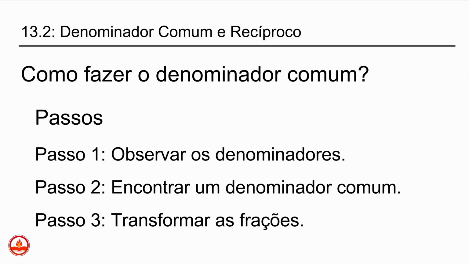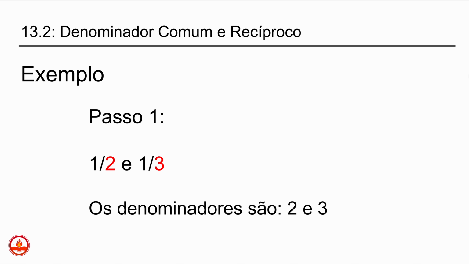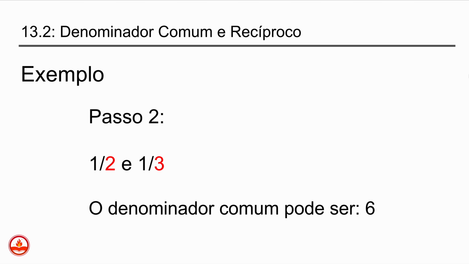So, how do we find the common denominator? Let's follow these steps. Step 1. Look at the denominators. For example, 1/2 and 1/3. The denominators are 2 and 3. Step 2.